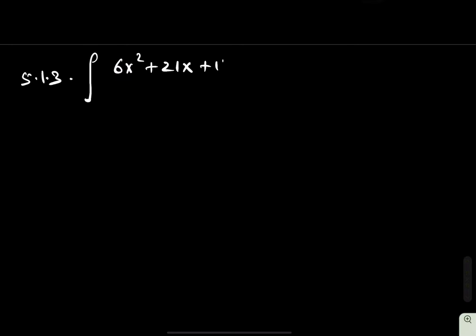Let's do that together. The integral of 6x squared plus 21x plus 11 divided by x squared plus 3 into x plus 5 dx.